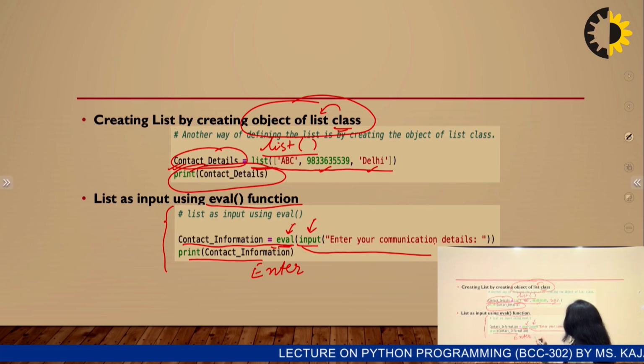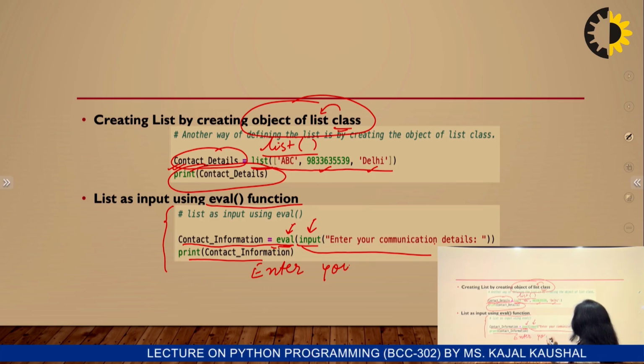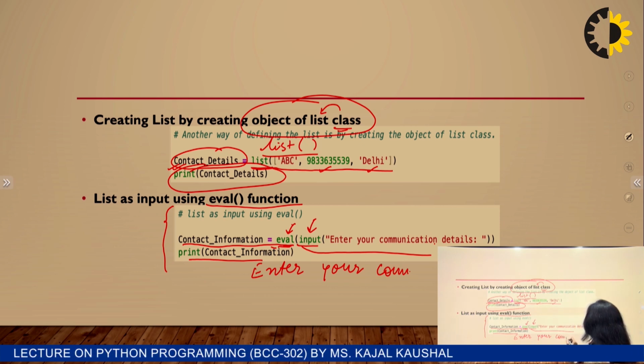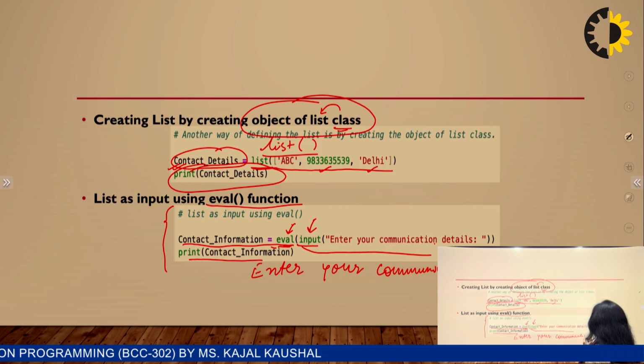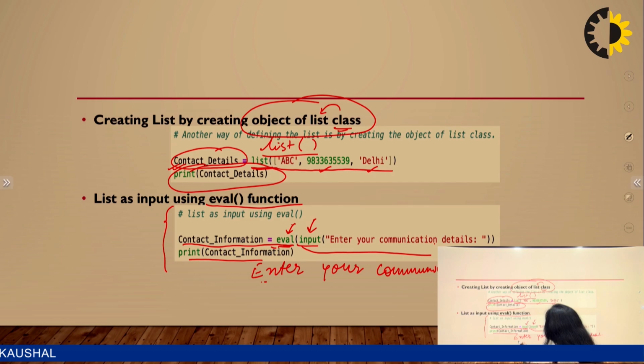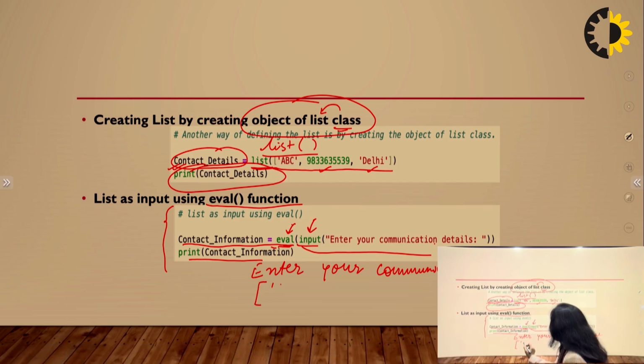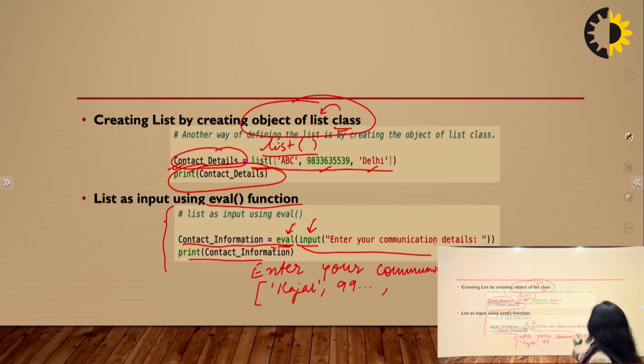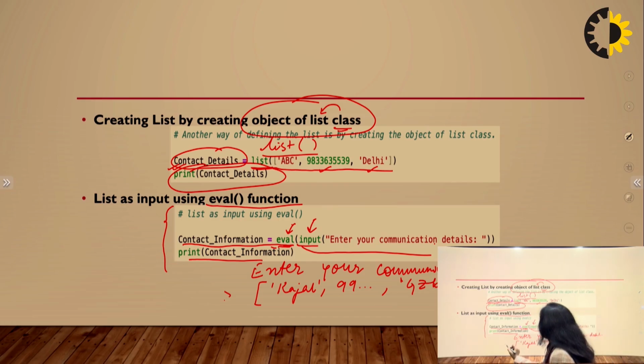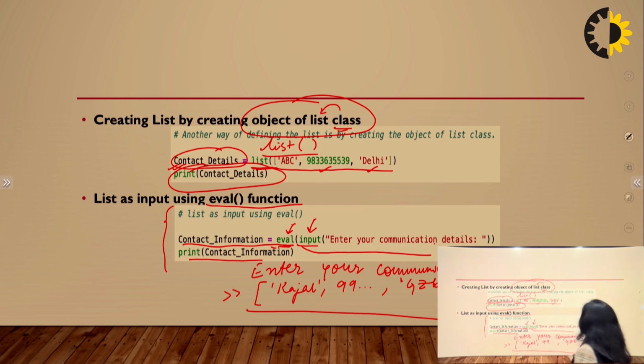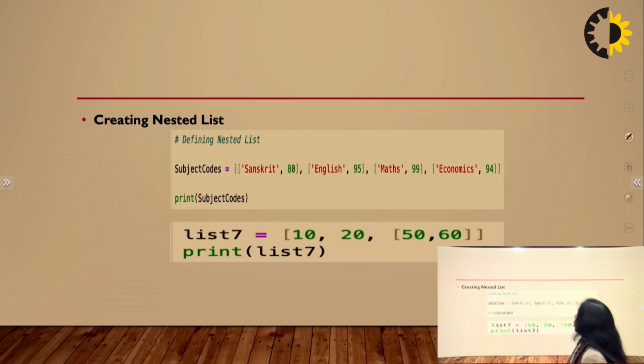This prompt will appear, and here the user can enter the value as whatever number, and if a place is to be there, like this. So, this can be entered by the user at the time of running the program.